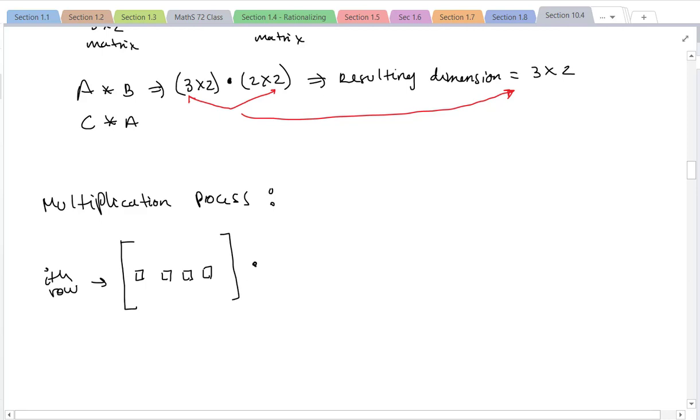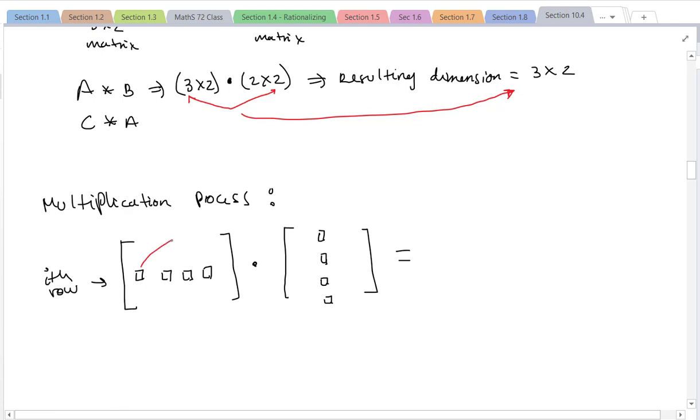And I'm multiplying it by another matrix, and I have the jth column, something like that.